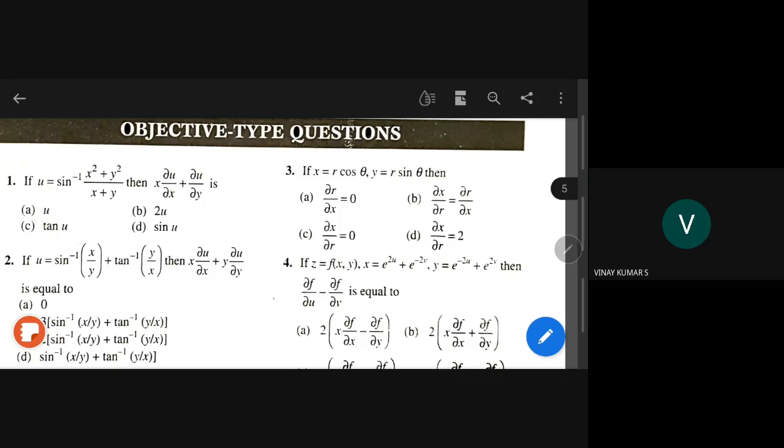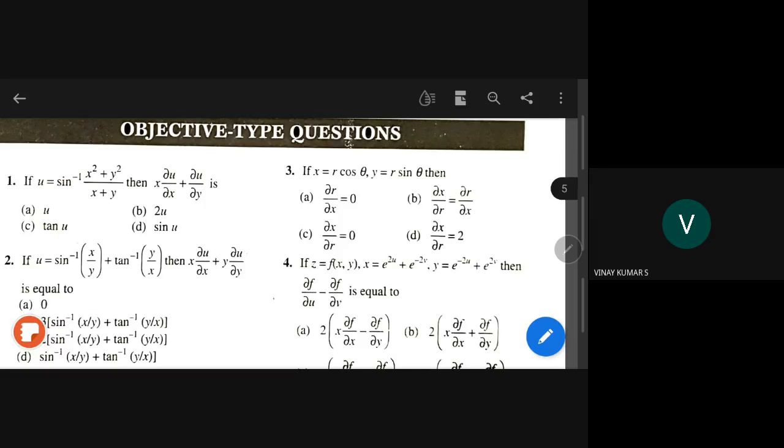See, first: if u is equal to sine inverse of (x square plus y square) by (x plus y), then x ∂u/∂x plus y ∂u/∂y is... there is again a printing error here. Some printing errors are there.